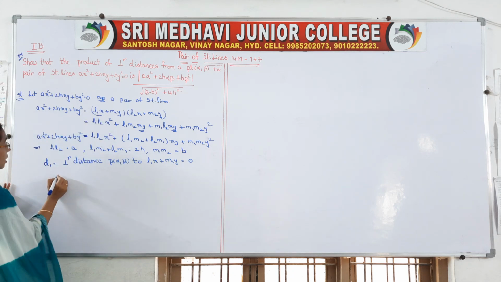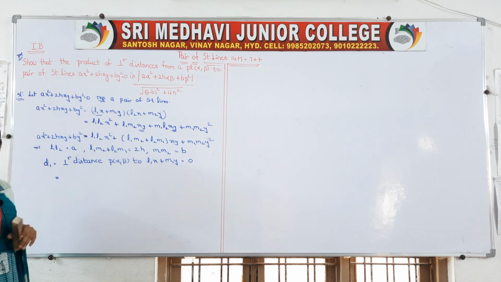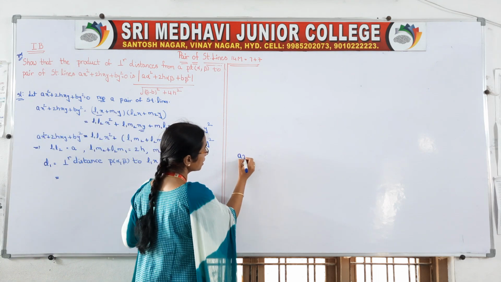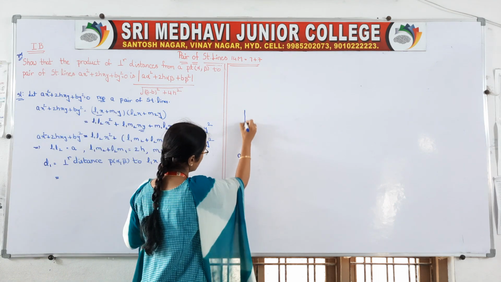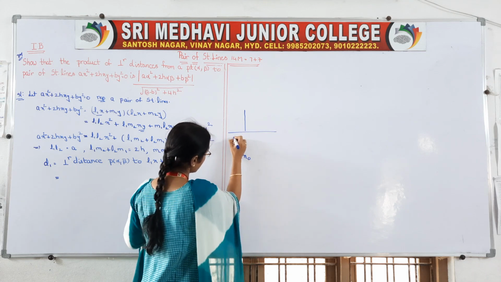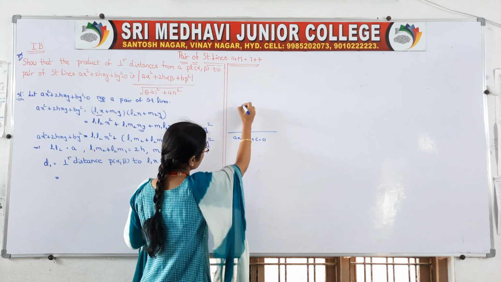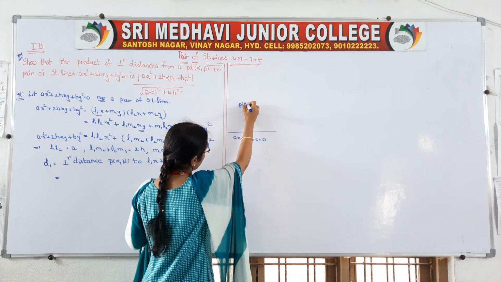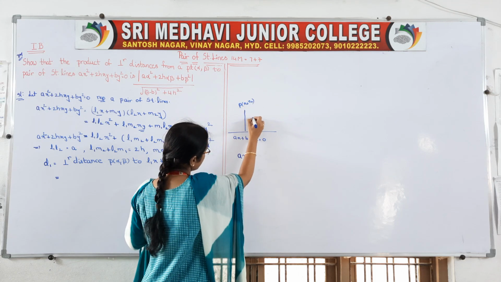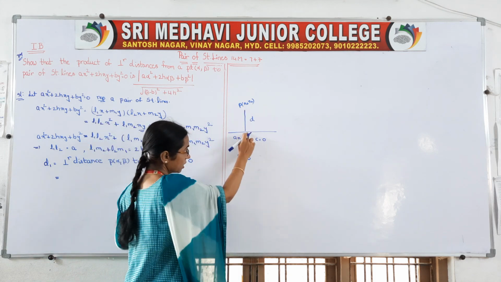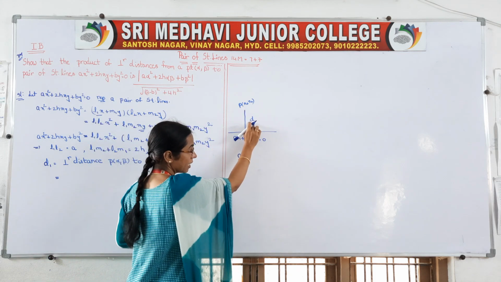You know the perpendicular distance formula from our straight lines, isn't it? Suppose this is the line ax plus by plus c is equal to 0, and here is the point x0, y0. Then this is our perpendicular distance from this point to this line. This is the D.